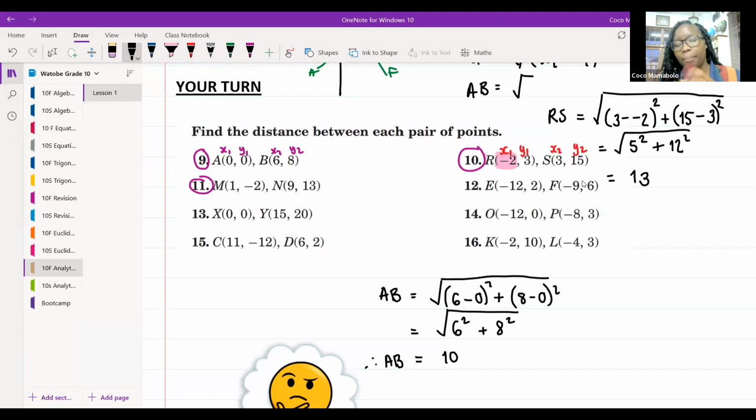Are we together? Yes, ma'am. For the first thing and the second thing up to the third answers, I did the same thing, but in the second term, number 10, I got 13 also. Okay.